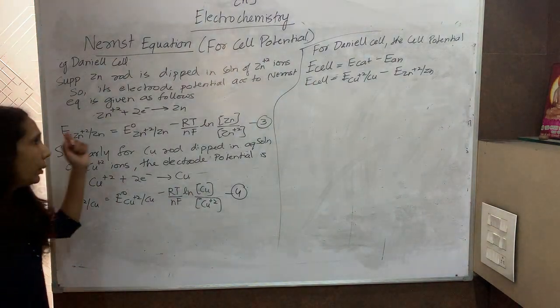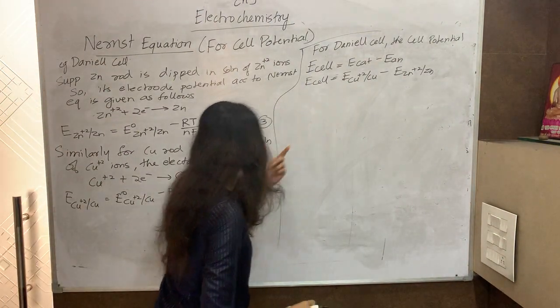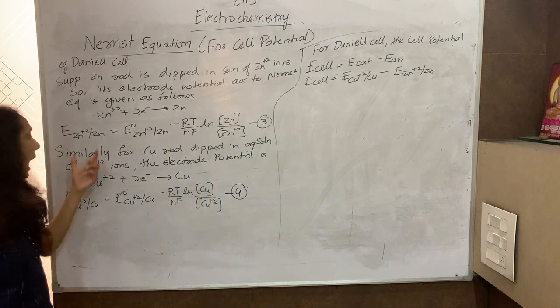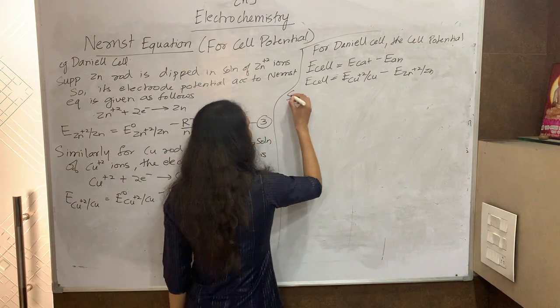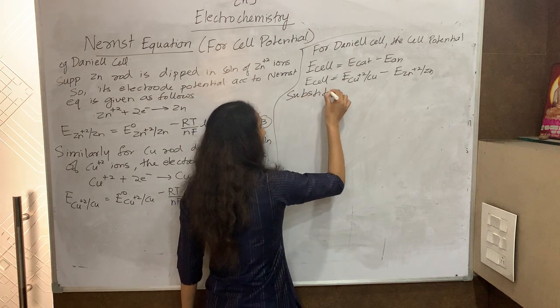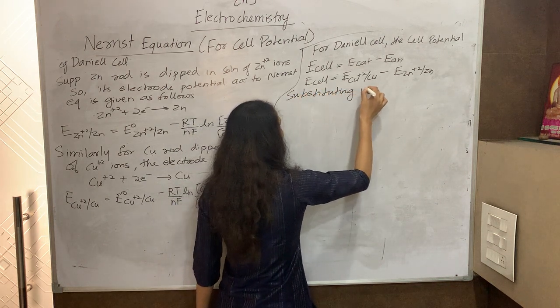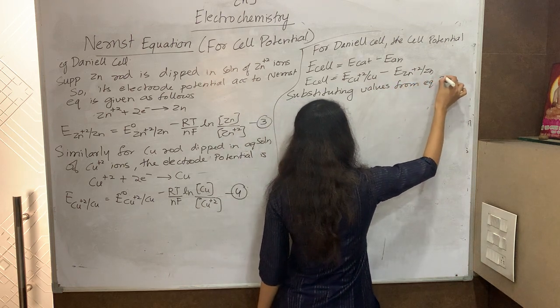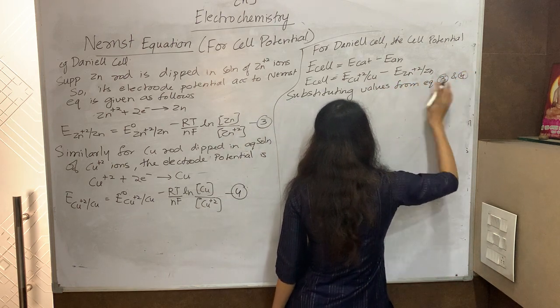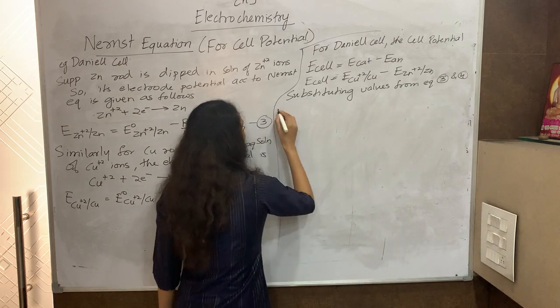Now I substitute the value of electrode potential of copper from equation 4 and electrode potential of zinc from equation 3. Substituting values from equation 3 and 4, what are we going to get?